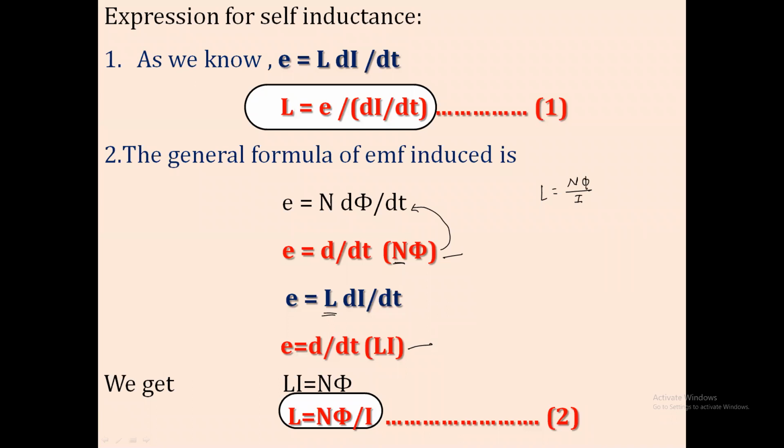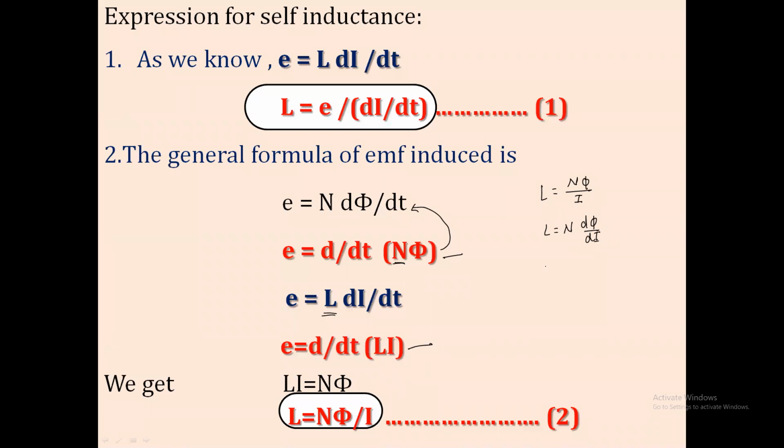And the magnetic flux will change with respect to the current. So if I want to write this equation in differential form, can I write it like that? L is equal to N d phi by dt. Sorry, di.